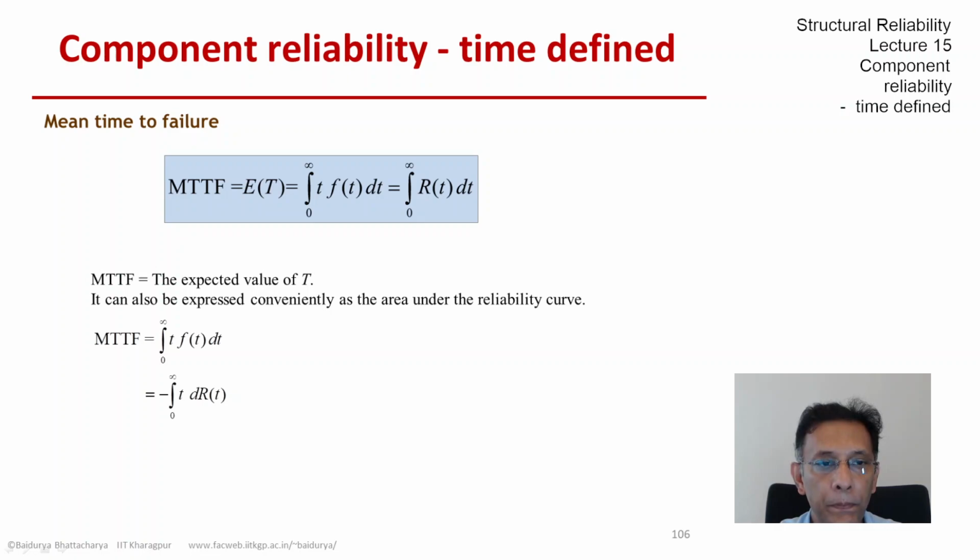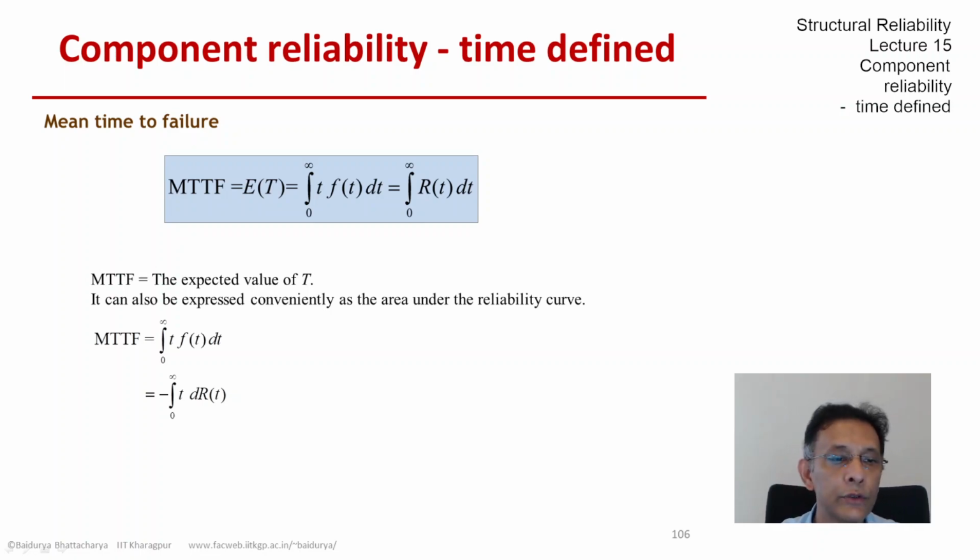Now, by definition, f(t), the density function of T, and the reliability function R(t) are related, in that the density function is the negative of the derivative of the reliability function. Why? Because the reliability function is 1 minus the CDF, and the density function is the derivative of the CDF. So the density function is the negative of the derivative of the reliability function.